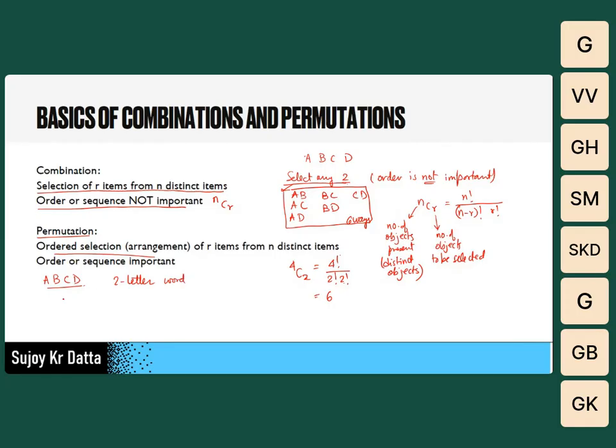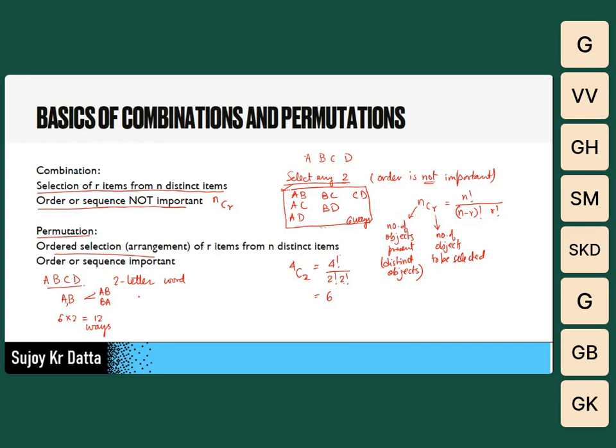For every selection A and B, you can make two possible words, either AB or BA. They are no longer the same word because the sequence actually makes a difference. So obviously in this case, what will you get? You have already got 6 cases. In each case, you are getting 2 possibilities. So we should have 6 times 2, 12.